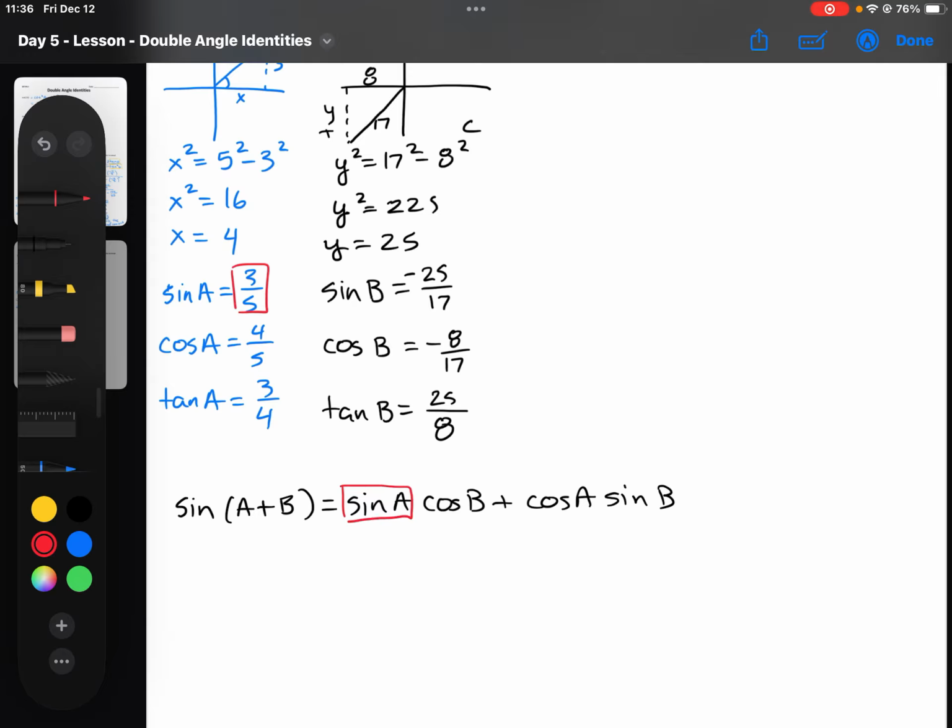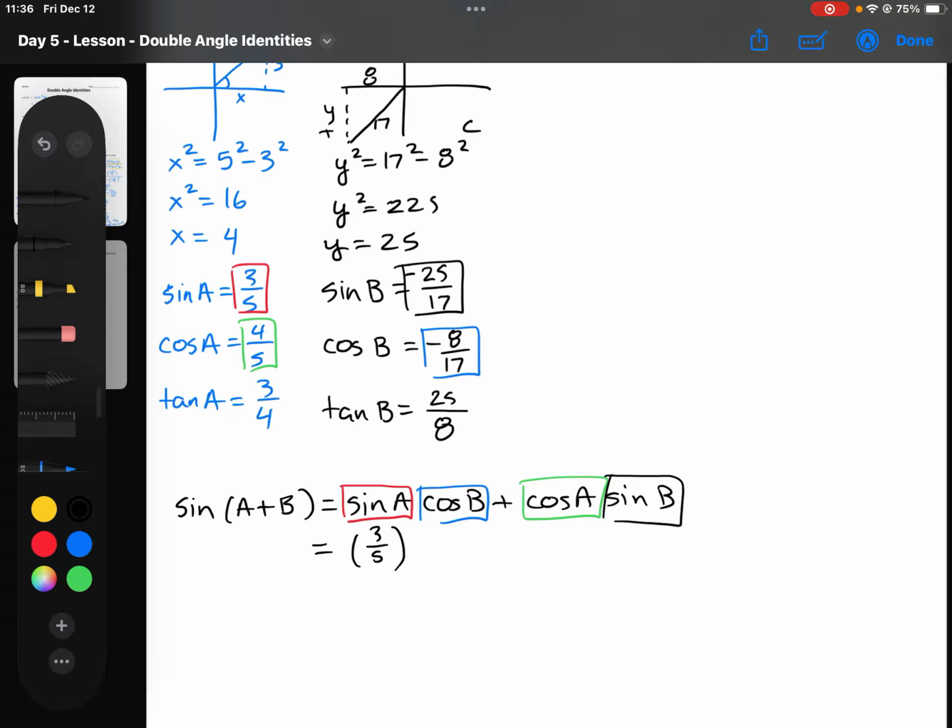Sine A is this ratio. Cos B is this ratio here. Cos A is this value. And finally, sine B is this value up here. So I'm going to make those replacements.